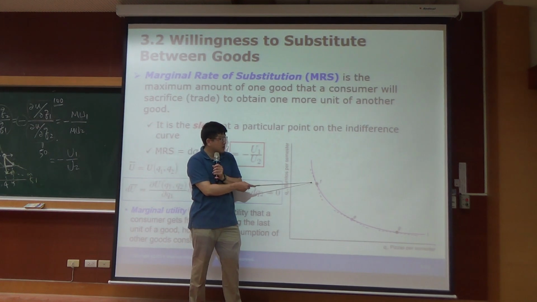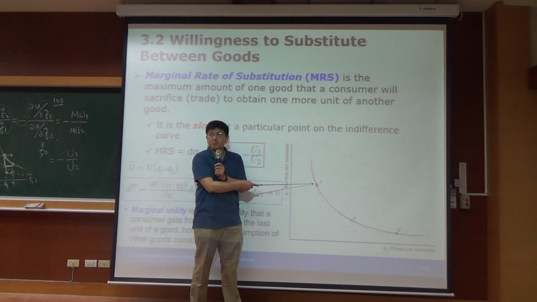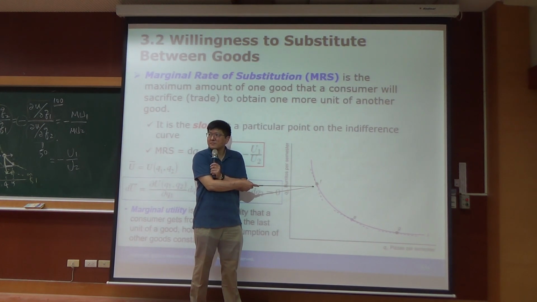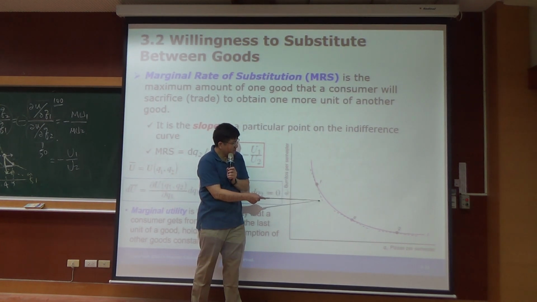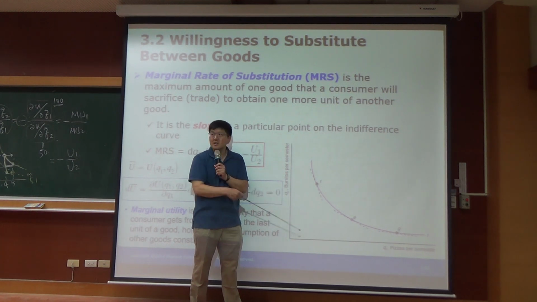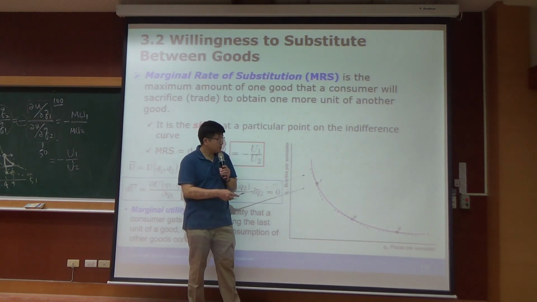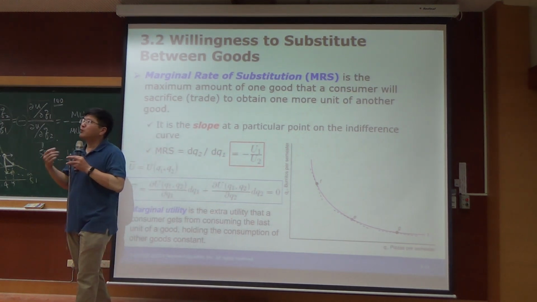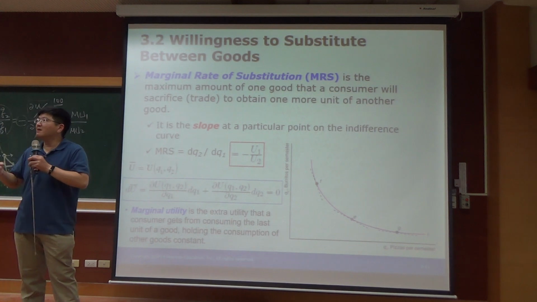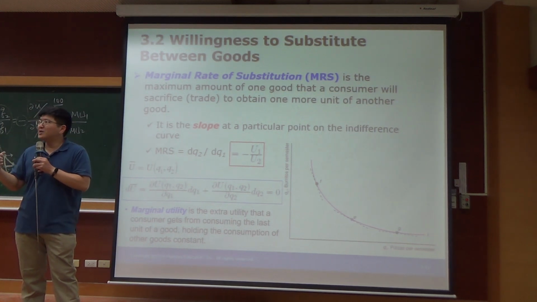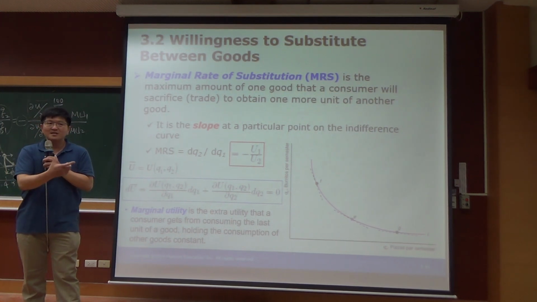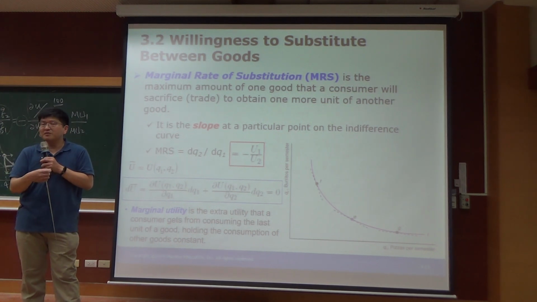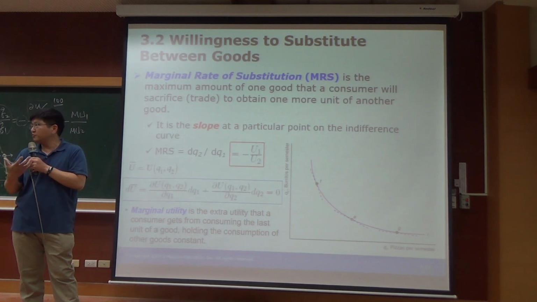So at this point, I regard pizza as a good thing. I would like to have something more, right? So here, the absolute value of the marginal rate of substitution is quite high, which means I'm willing to sacrifice a lot of burritos to have an extra slice of pizza, because so far my consumption of pizza is small.